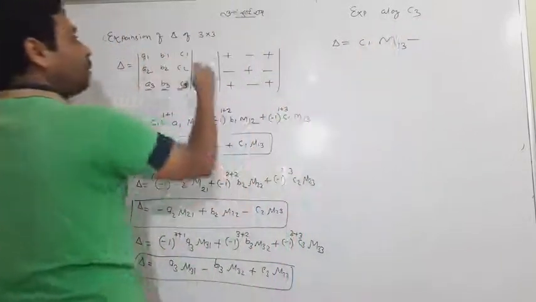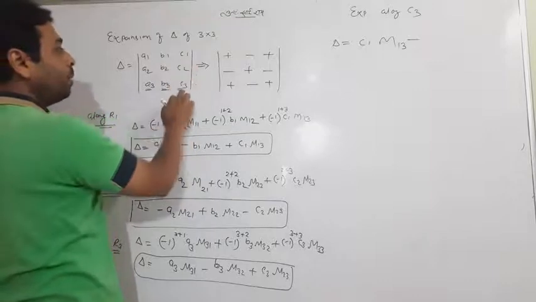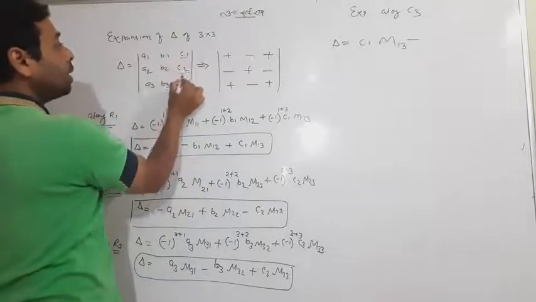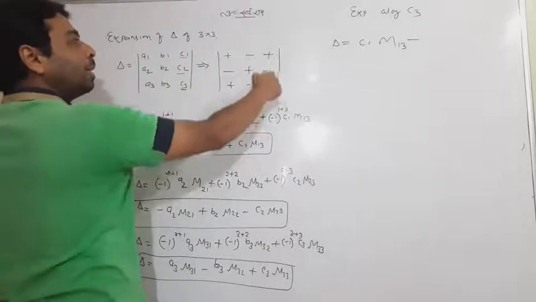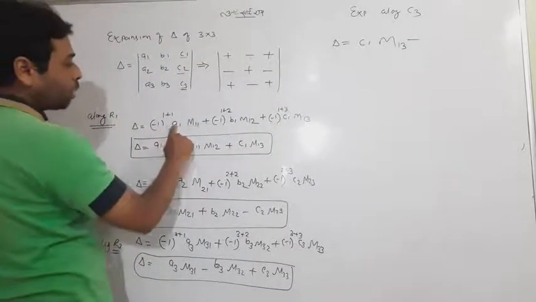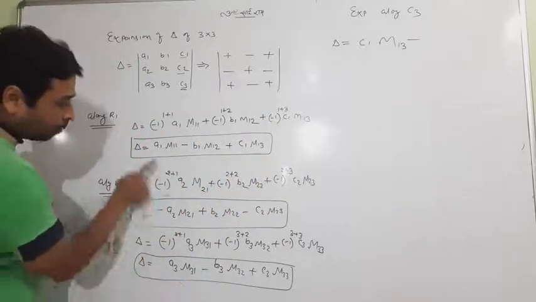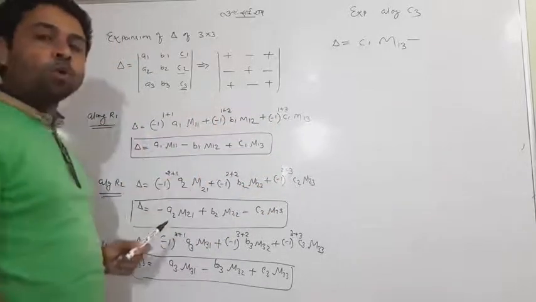We are expanding along column 3. Choose this element, this and this element, and they follow that sign, plus minus plus. It's a short method, meaning you need not use this particular one, whatever I have boxed, you can directly go on that.